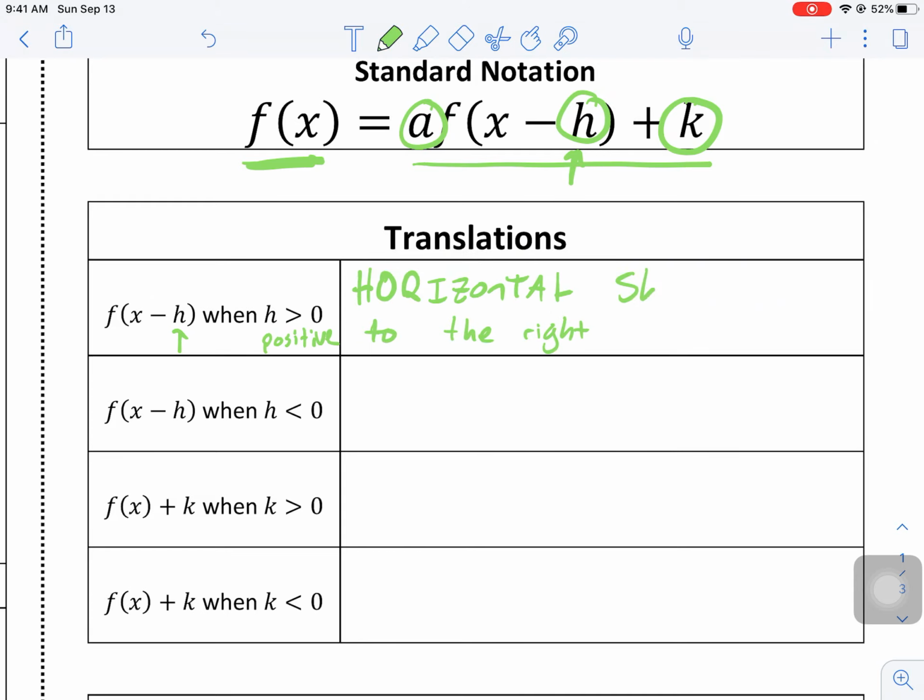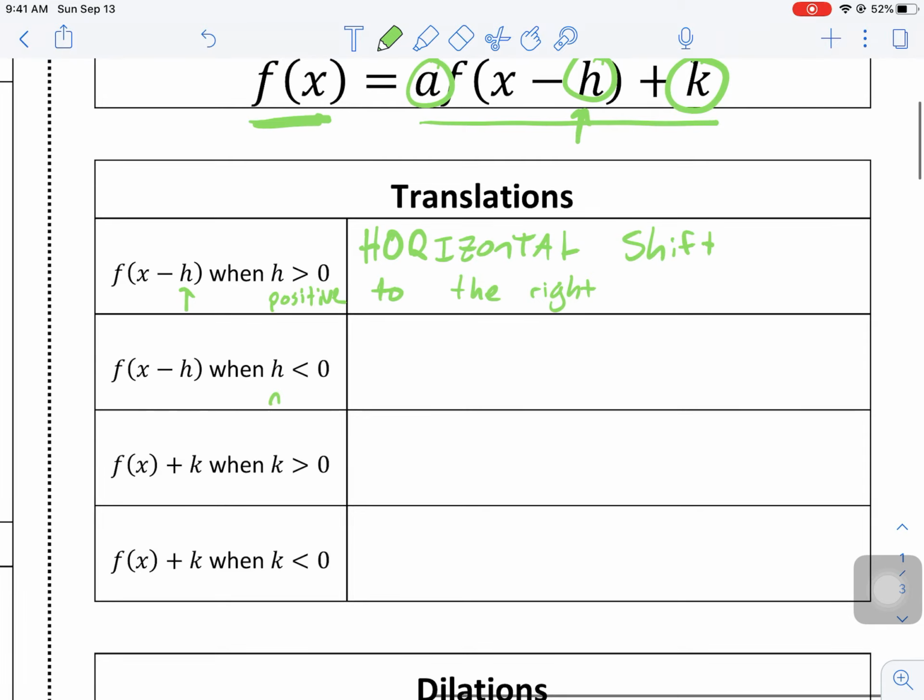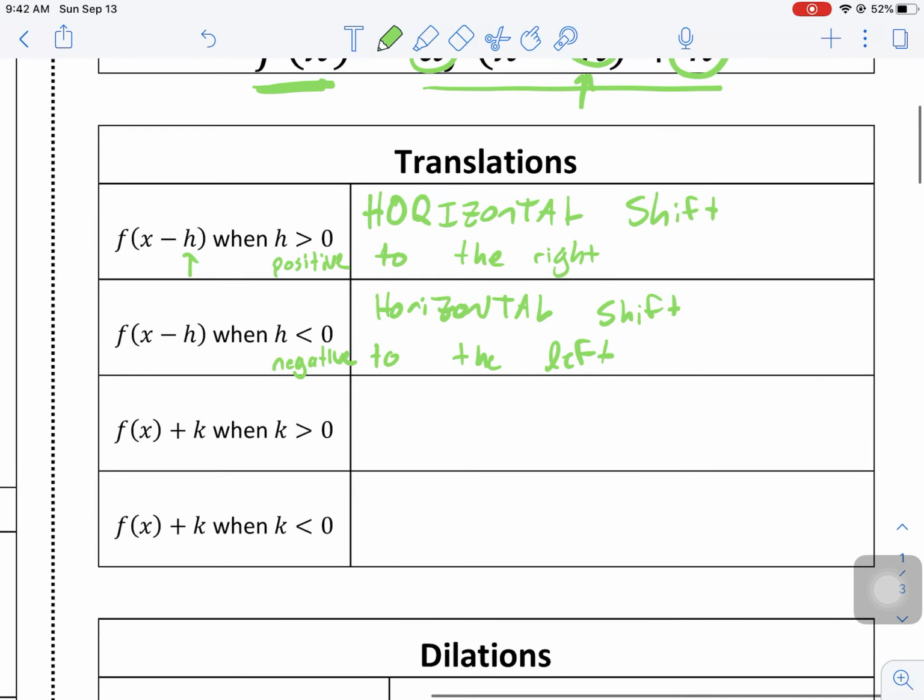This is a horizontal shift to the right if it's positive. If it's negative, so when h is less than 0, then it's a horizontal shift to the left.